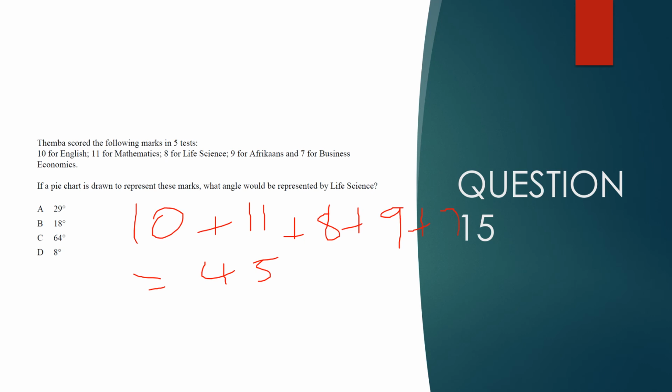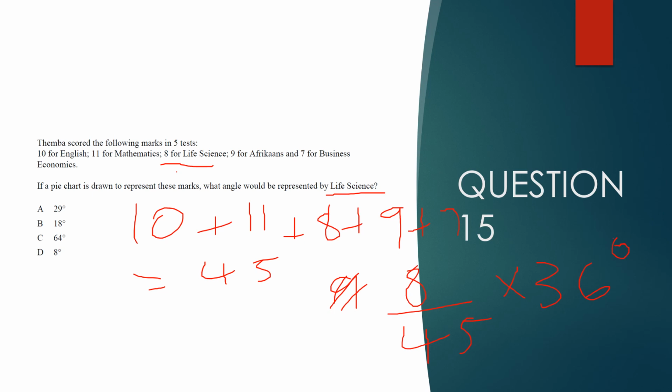How are we going to do that? Now we have found that all the marks he has received add up to 45. Life science, what did he get? We're checking what he got for life science. It's not 9, sorry, it's 8. So 8 over 45 multiplied by 360 degrees.